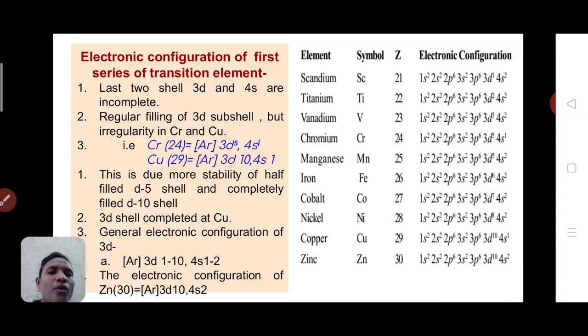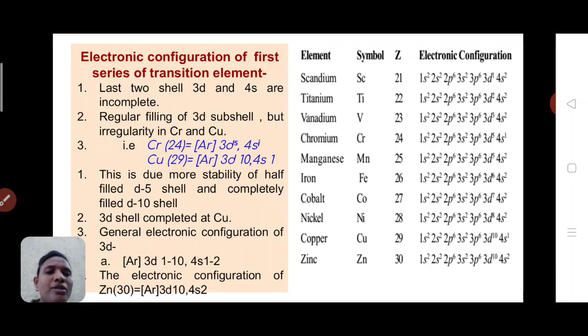So the general electronic configuration of the 3d series is argon 3d1 to 10, 4s1 or 2. Means 3d should have 1 to 10 electrons and 4s has either 1 or 2 electrons.